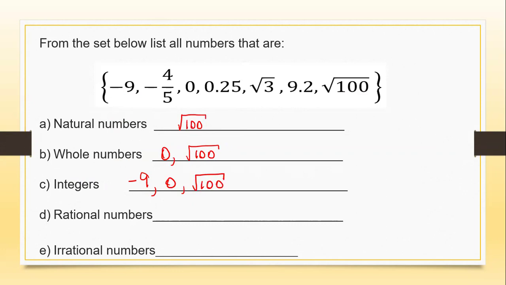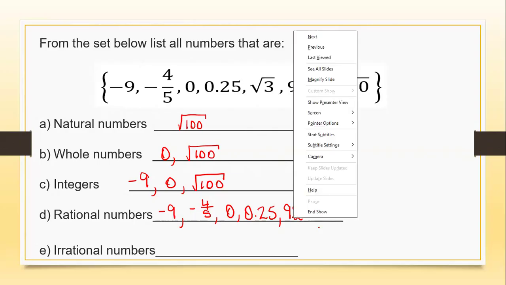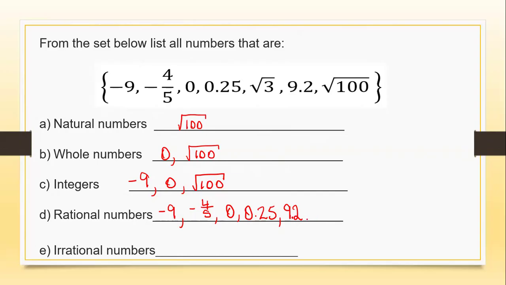Rational numbers now would be all the numbers that can be written as fractions. So we have -9, -4/5, 0, 0.25, just 25/100, 9.2, 92/10, or 9 and 2/10, and the square root of 100.